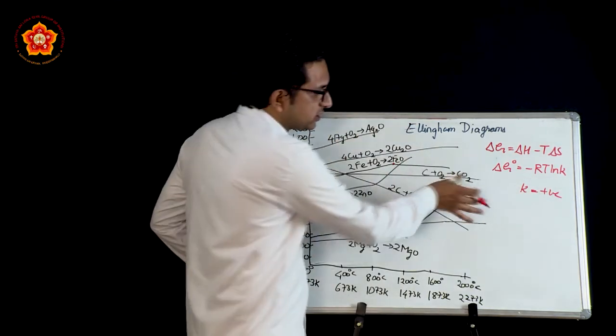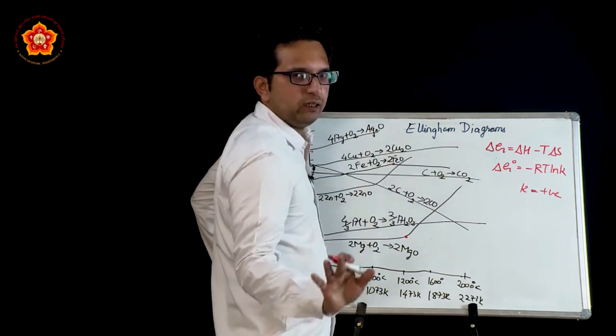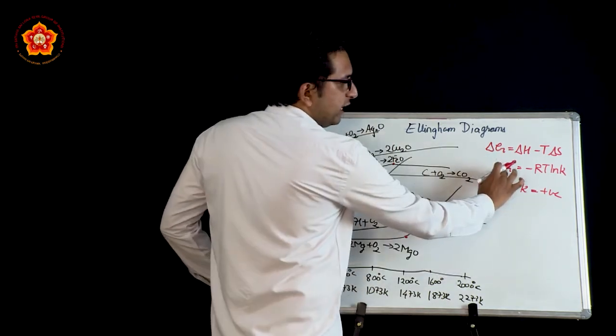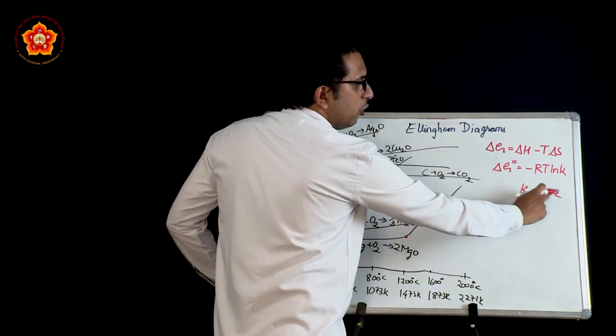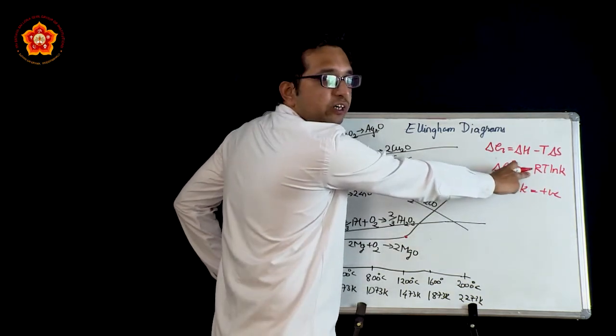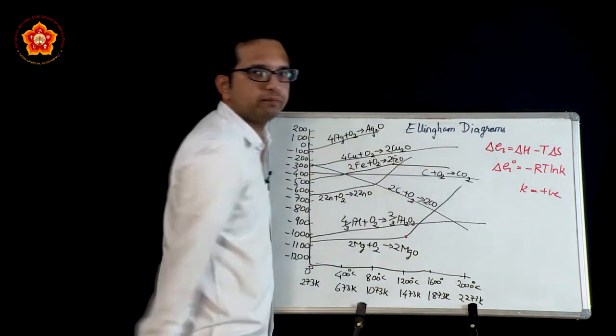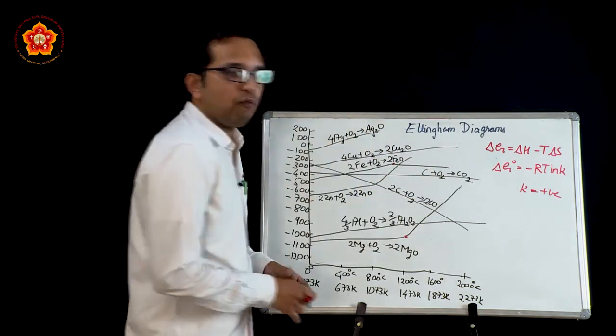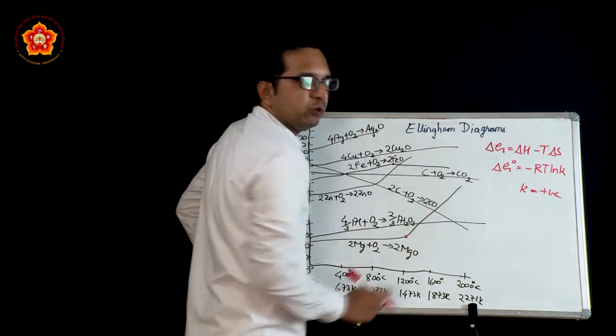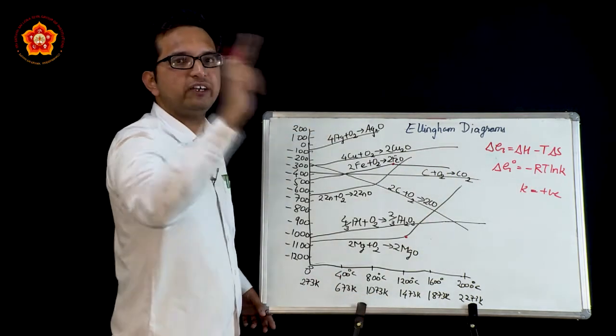Remember that this criterion I am telling only for if delta G has to be negative, the K value has to come out positive because there is already a negative sign available there. So for this criterion to be satisfied, a positive value of K indicates that it is a forward reaction.